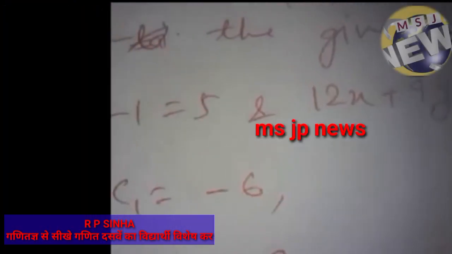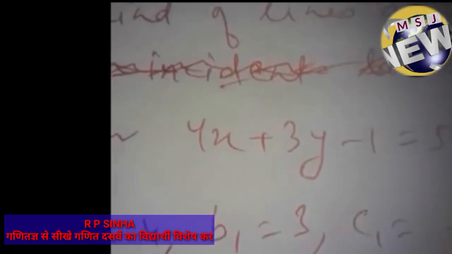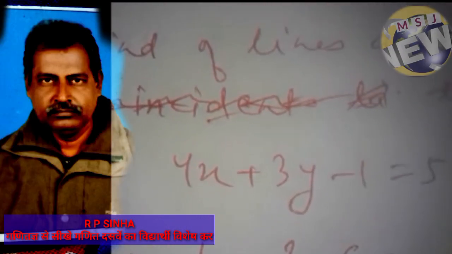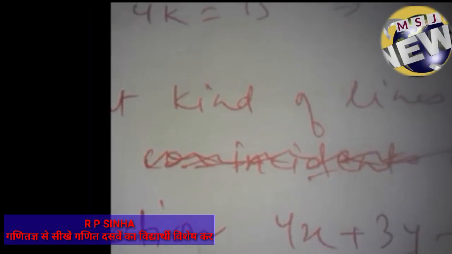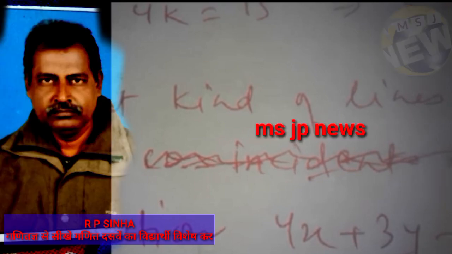If we simplify the equations, what do we get in equation number 1? In equation number 1 we get 4x plus 3y minus 1 minus 5 is equal to 0.